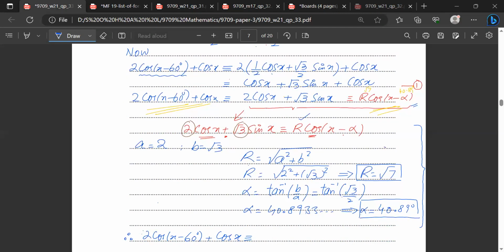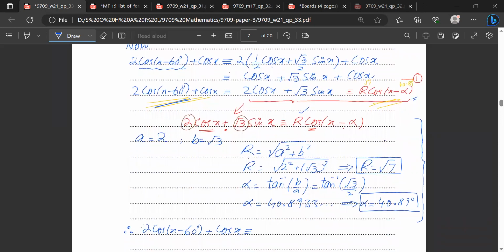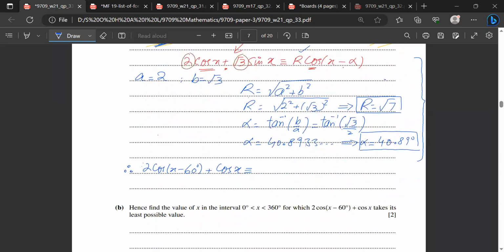So after this working, you can write that this thing is equal to root 7 cos of x minus 40.89. So this is actually a different form of the same expression which was given.